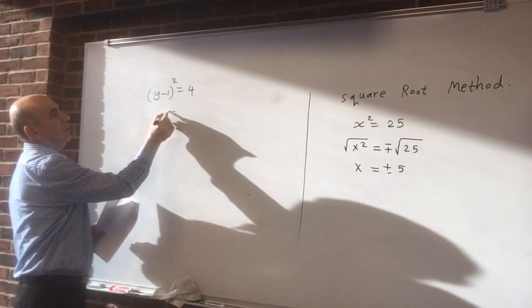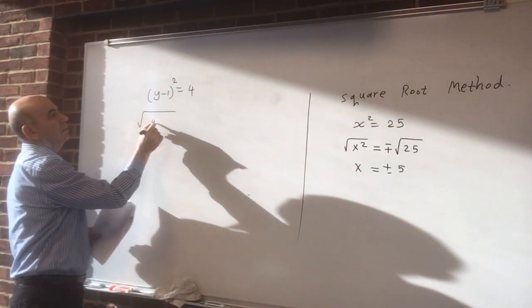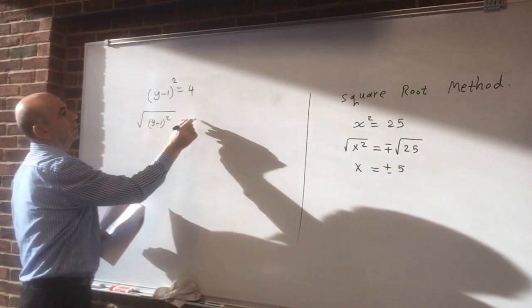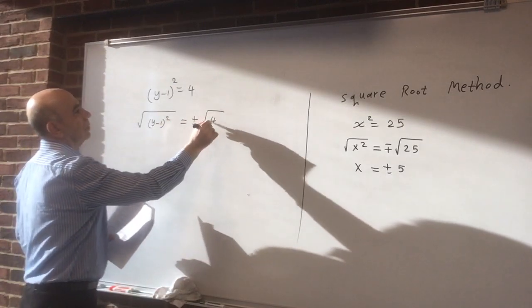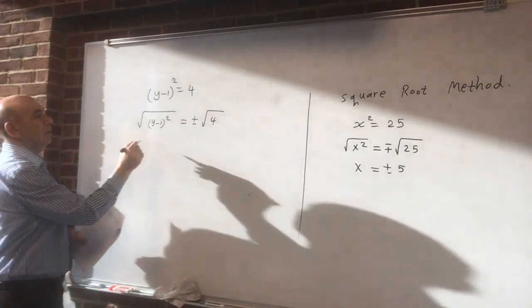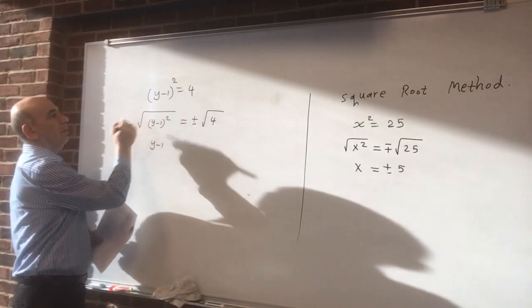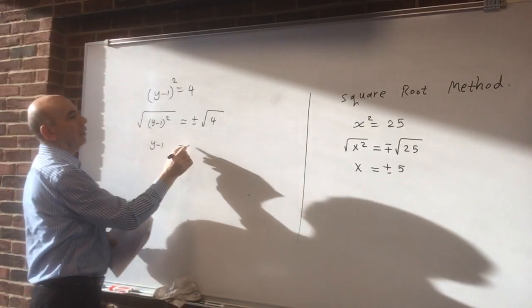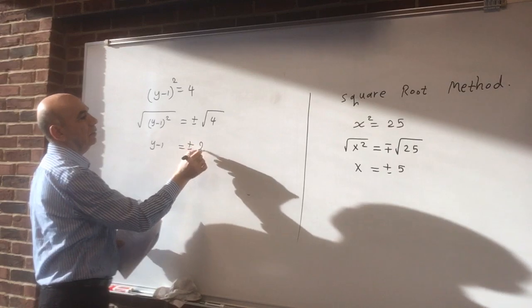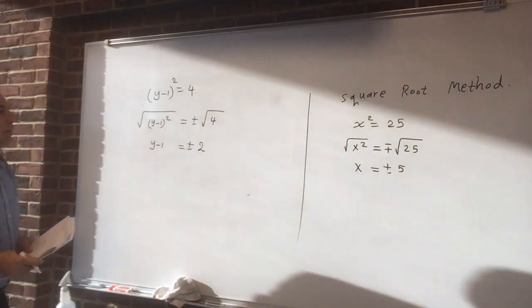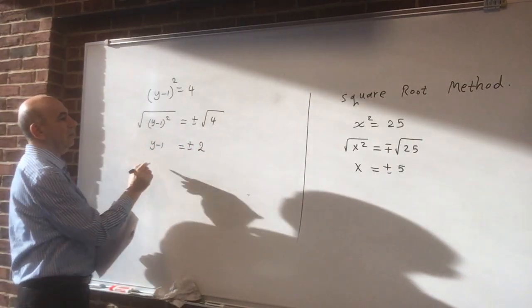Now take the square root of both sides. So y minus 1, divide the power by the index, so we get y minus 1 equals plus or minus 2. Then add 1 to both sides.